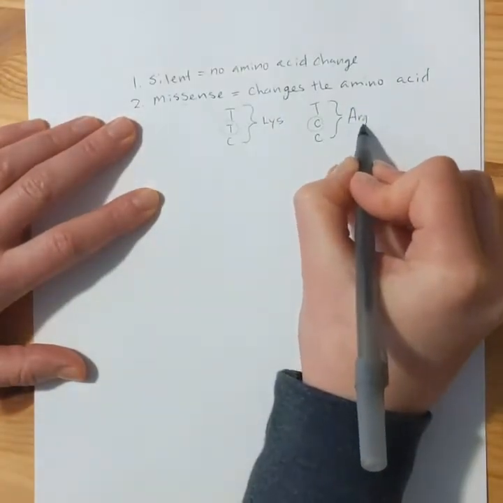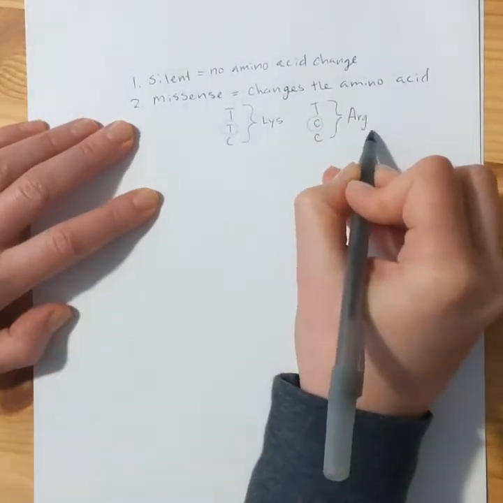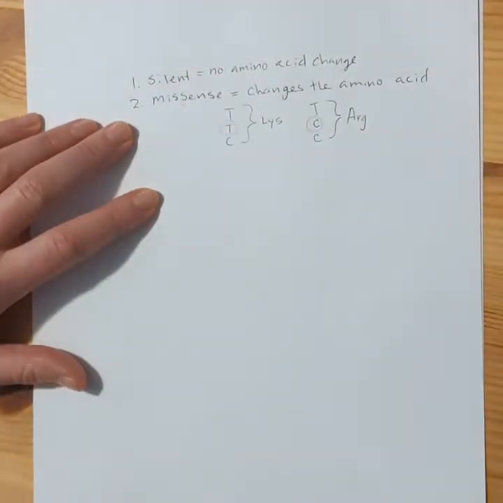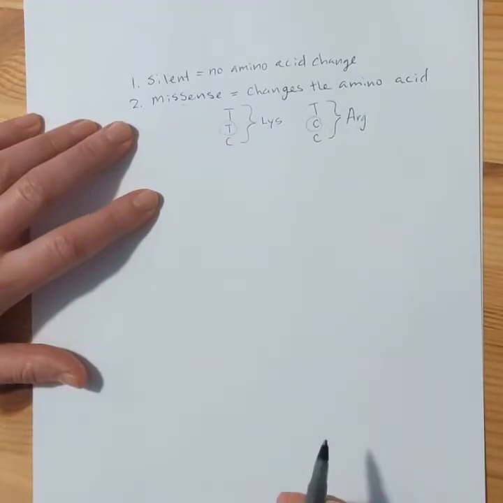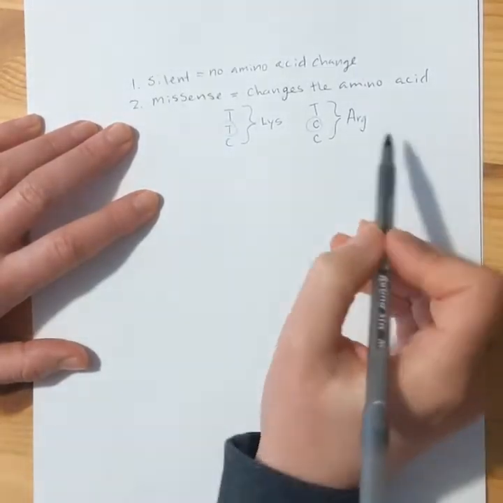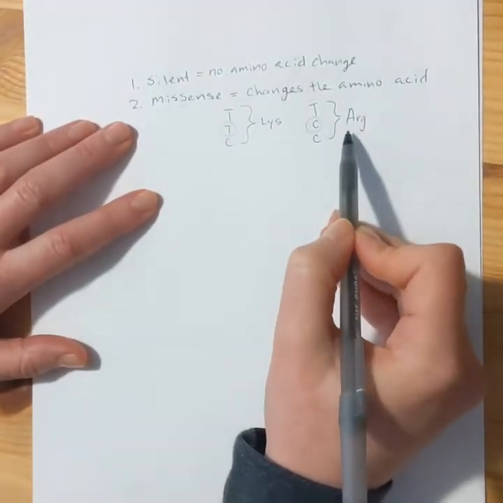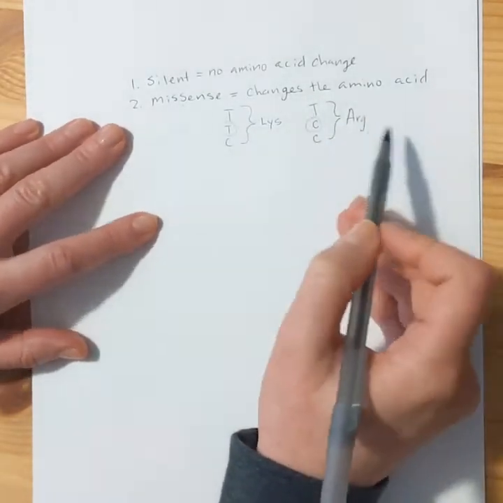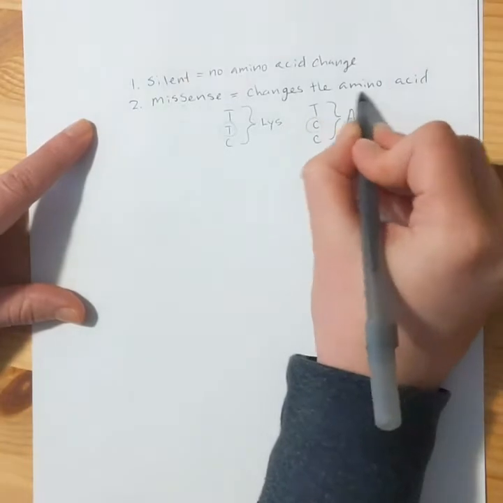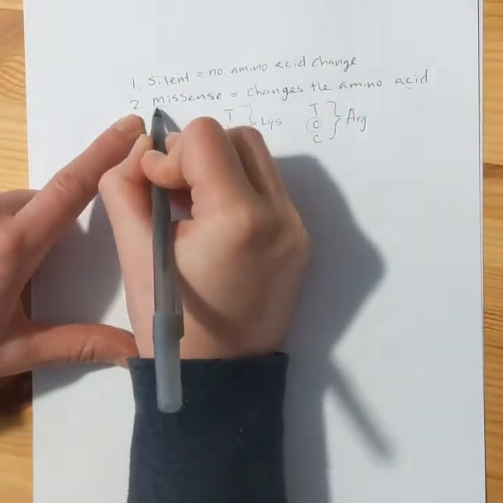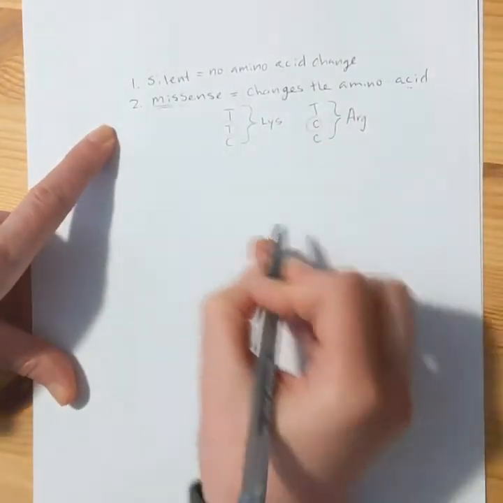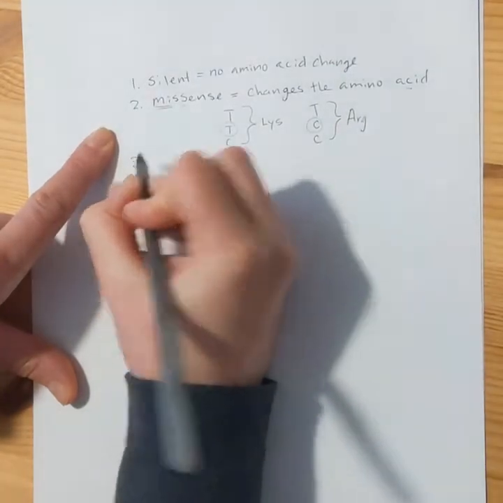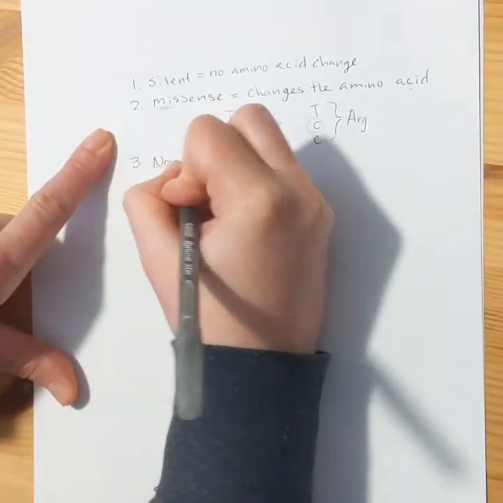So I have changed my amino acid. That means that my protein has changed. It may or may not function the same way. Maybe that change didn't really do a lot to my protein. Maybe it made my protein more active or less active. Who knows? It totally depends on the type of protein. But I have changed the amino acid. It is a missense.